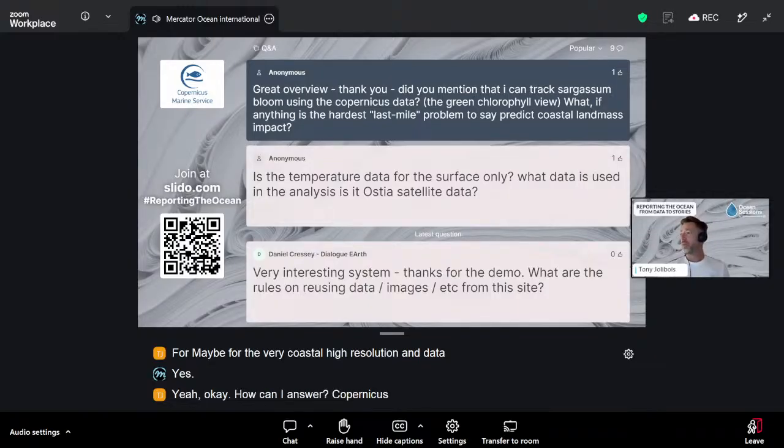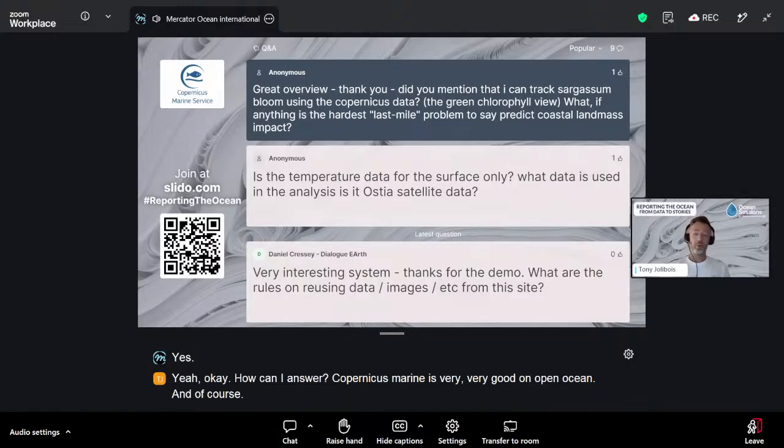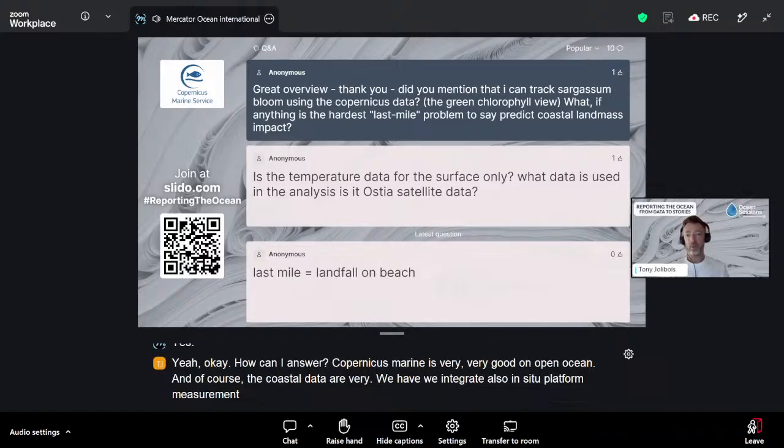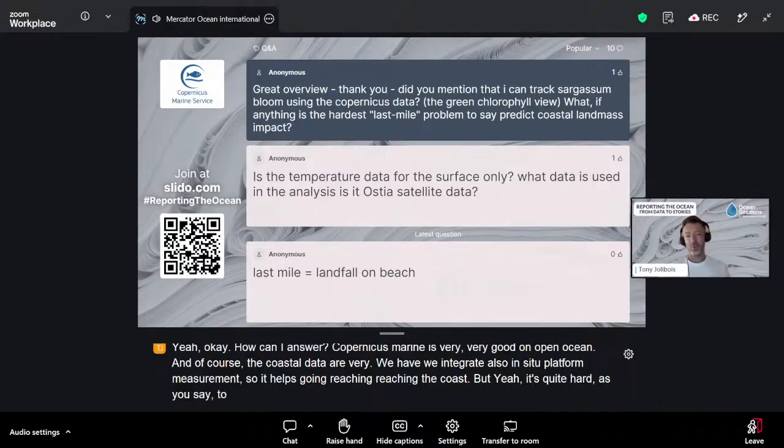Copernicus Marine is very good on open ocean, and of course the coastal data are very important. We also integrate in situ platform measurements, so it helps reach the coast. But it's quite hard, as you say, to reach the last mile on the coast.